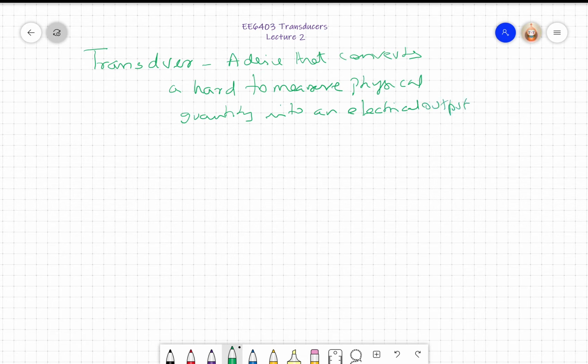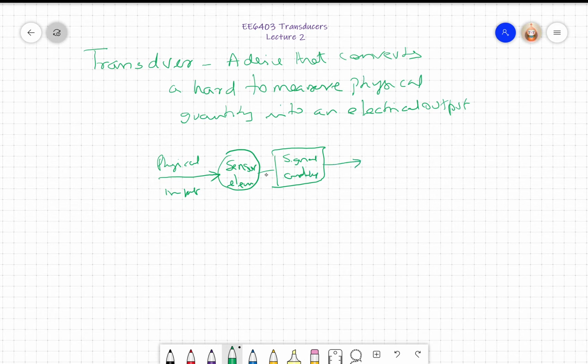Now we also saw that in a typical transducer you have a sensor element, which changes something in the element property. We have the physical input, then the sensor element is operated by a signal conditioning circuit.